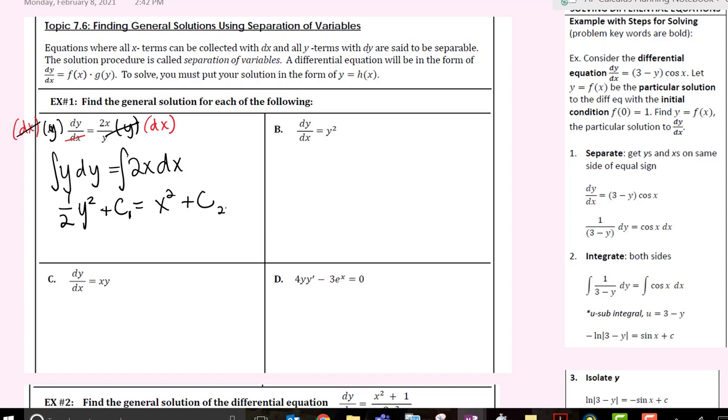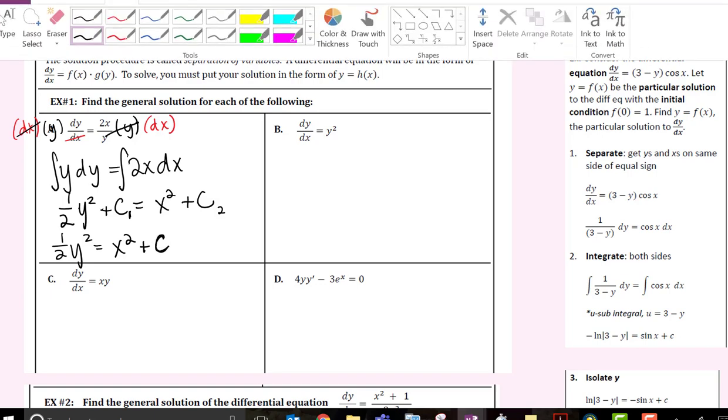What you will notice when you start to solve for y, however, is that I would move these c's and they would end up being on the same side. So really, 1/2 y squared equals x squared, and that constant minus another constant is just going to be some constant value.